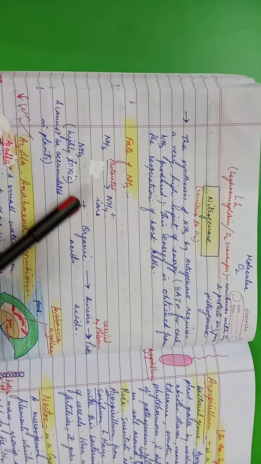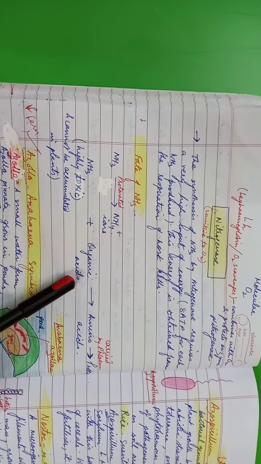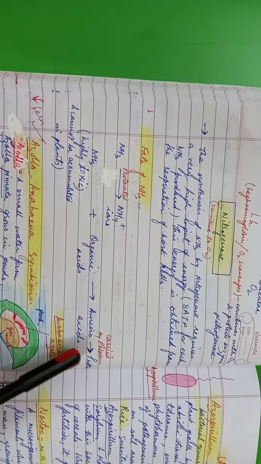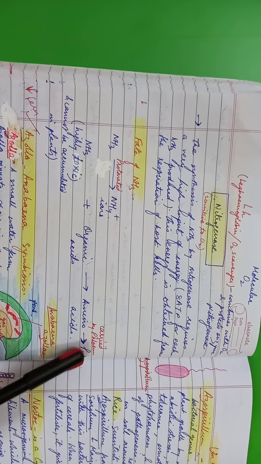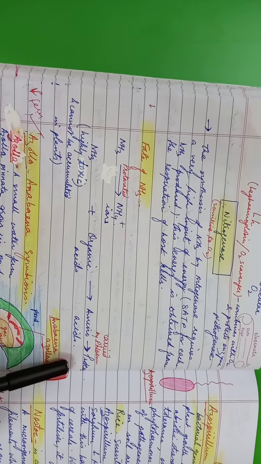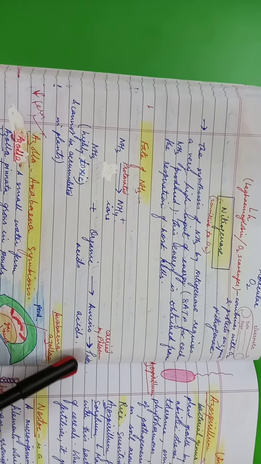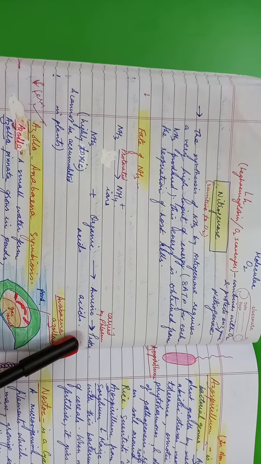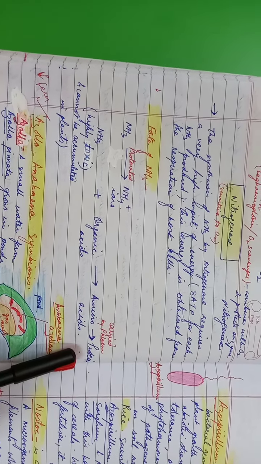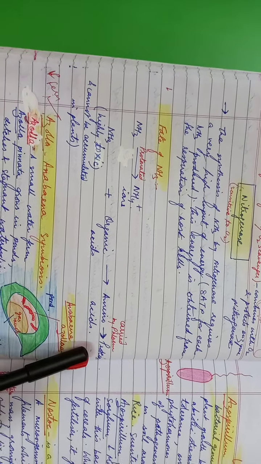Thus, ammonia reacts with organic acids and it forms amino acids which are carried by phloem to various parts of the plant for protein synthesis. So, the destination of nitrogen fixation is formation of proteins, which is ultimately utilized for growth, right?